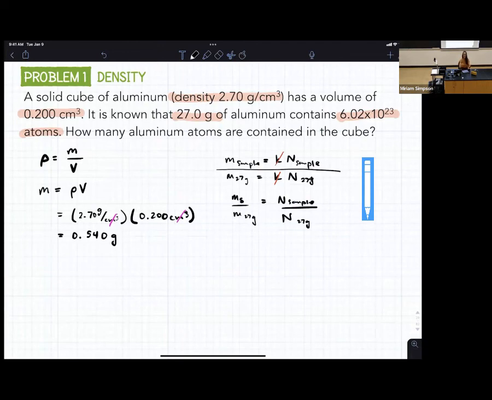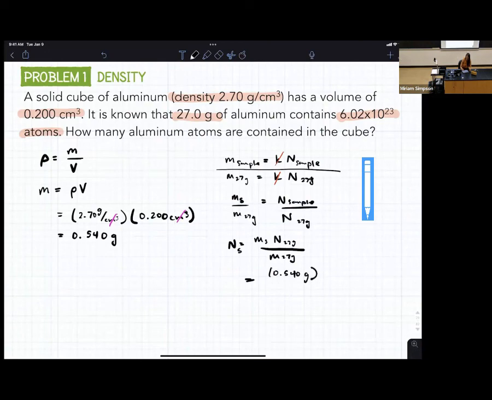You can solve it algebraically and plug it in. The basic idea is that you solve this for N of your sample, and that's going to be mass of your sample times N for 27 grams over mass of 27 grams. You plug in your numbers.